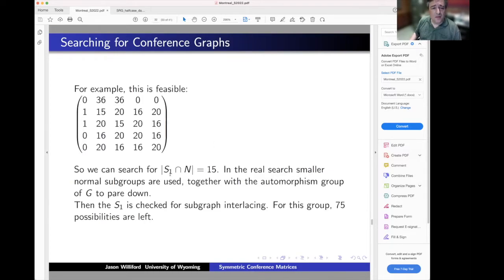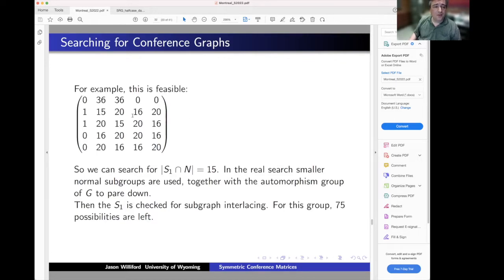So now, okay, we want to search for S1. We can now say, well, it intersects the normal subgroup in 15 vertices, and it intersects the other coset in 20. And so now, instead of searching over all subsets, you can look at subsets here and subsets here. You could also check interlacing if you wanted there as well, and try to narrow down the number of possibilities.